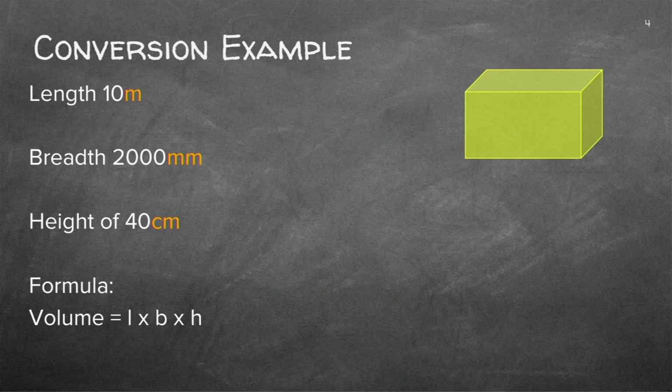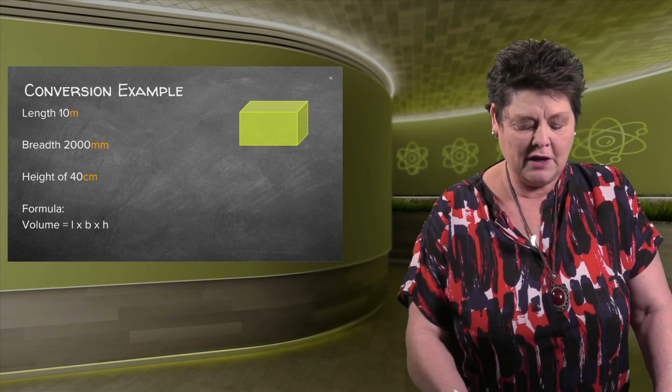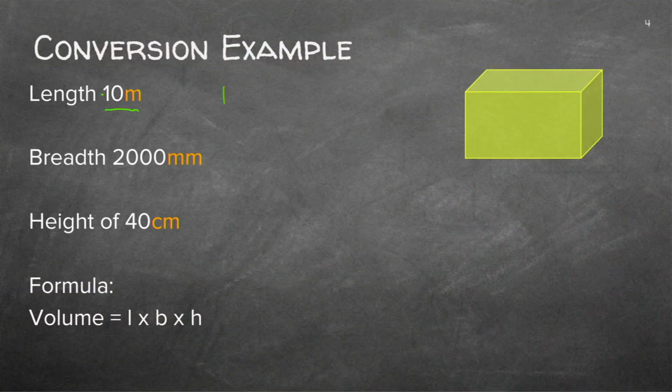Firstly, I've got to convert these 3 to the same unit. And as I said previously, let's try and do it in meters because the answer will be given in meters. So we've got 10 meters already, so we can remain with 10 meters for the length. Secondly, we've got 2,000 millimeters. So if I've got 2,000 millimeters, I've got to put that into meters. So 2,000 divided by 1,000, because that's millimeters.